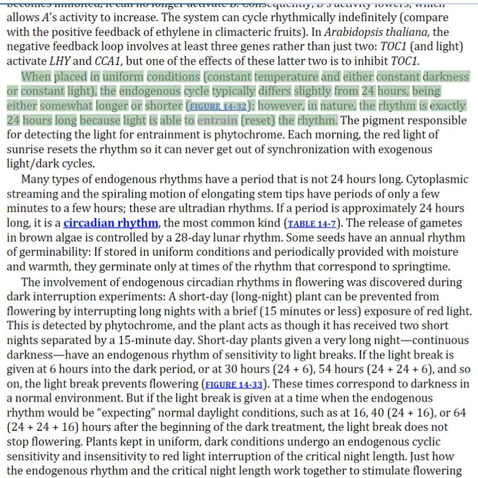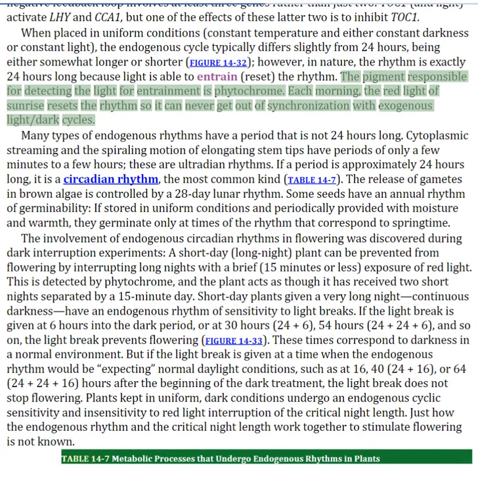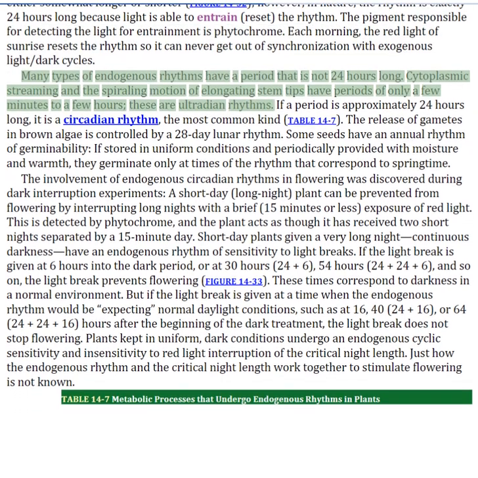However, in nature, the rhythm is exactly 24 hours long because light is able to entrain the rhythm. The pigment responsible for detecting the light for entrainment is phytochrome. Each morning, the red light of sunrise resets the rhythm so it can never get out of synchronization with exogenous light-dark cycles.